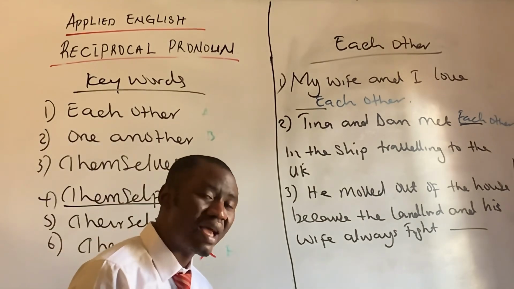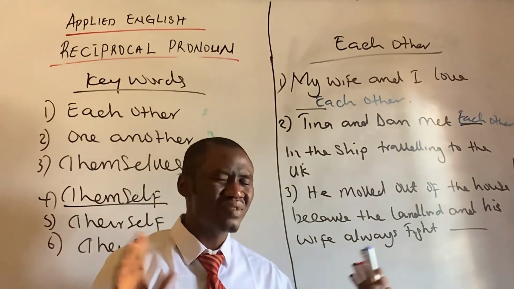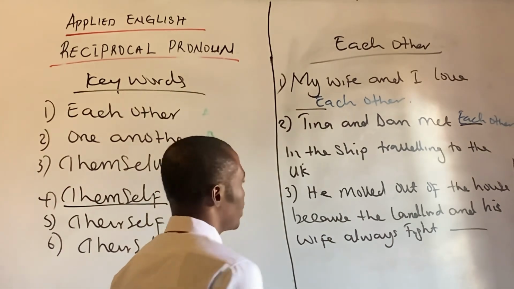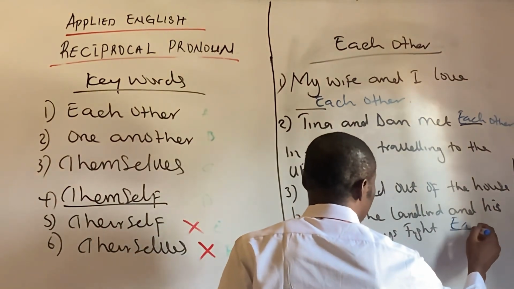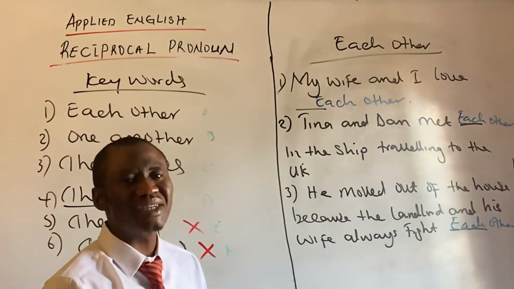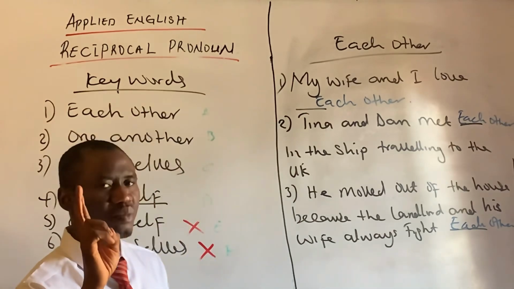The right answer there is each other, not themselves. The landlord and the wife fight each other, because the relationship is between two people.